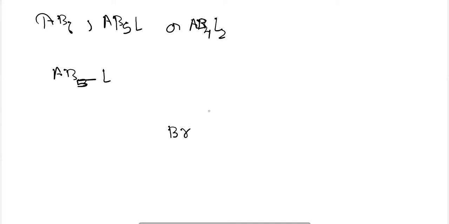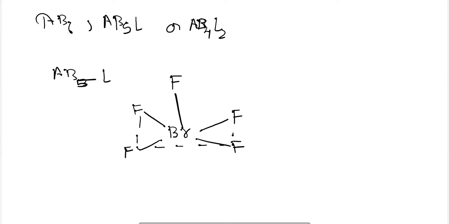So for bromine with five fluorines here, it will be like this: one, two, three, four fluorines present on the same plane as a square, and one lone pair of bromine is present below like this.